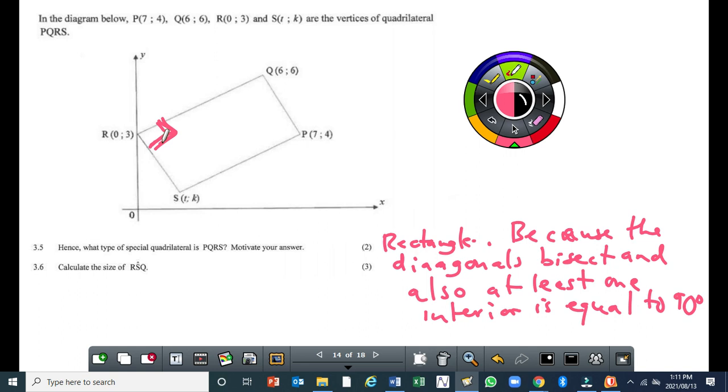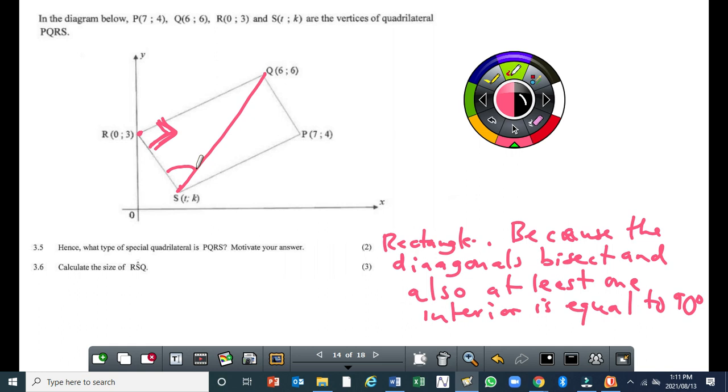Right? Then the last question says calculate the size of RSQ. So if you join those angles, we want to calculate the size of this angle. Now to calculate that angle, you may have to use trigonometry, that is trigonometric ratios. So I'm going to calculate the length of QR.